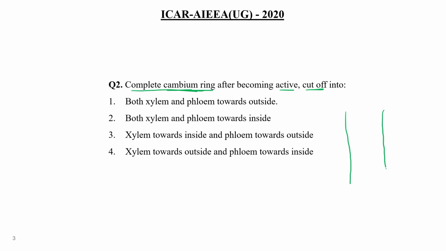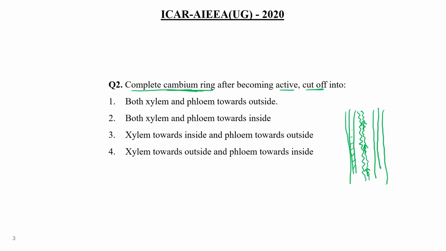As you know, if this is a plant, and this is, for example, the xylem, the xylem is responsible for the movement of water and minerals from the root to other parts of the plant, and these are the phloem, which are present on the outer side.